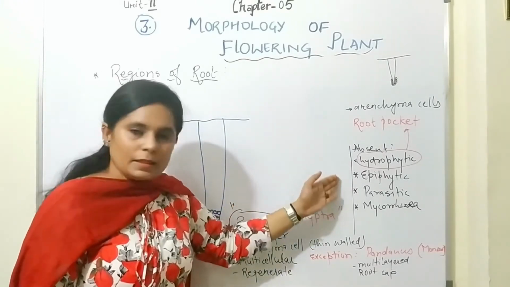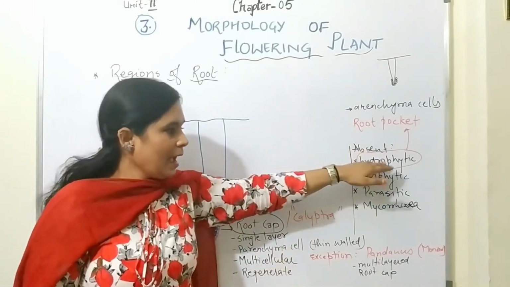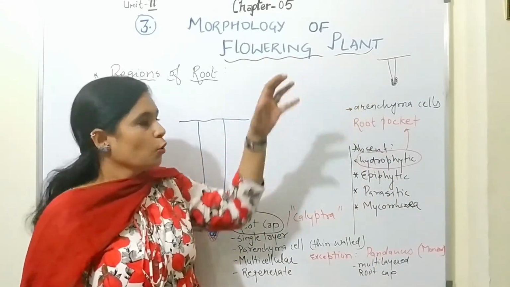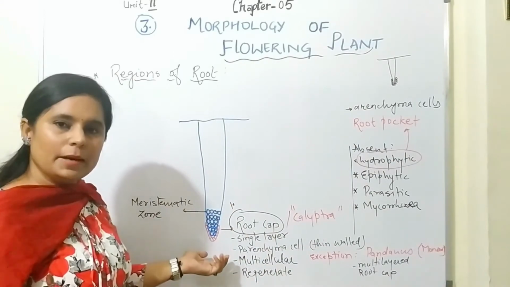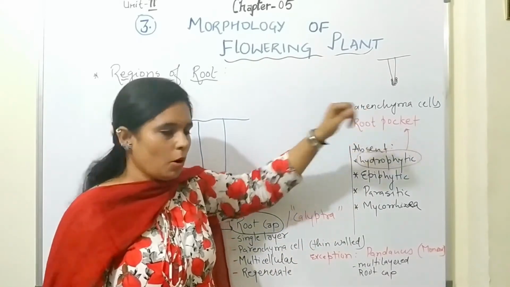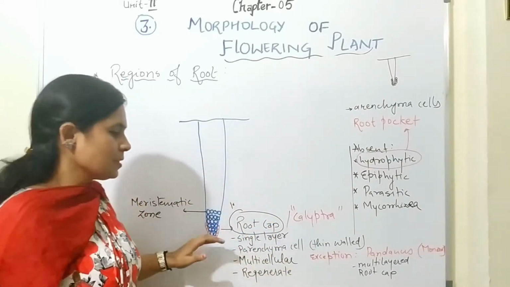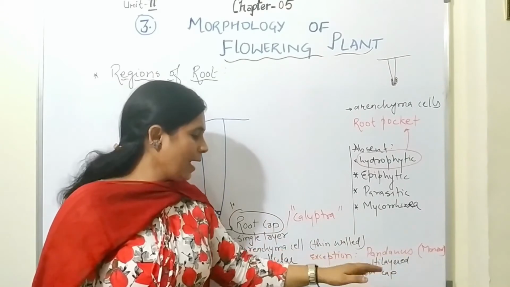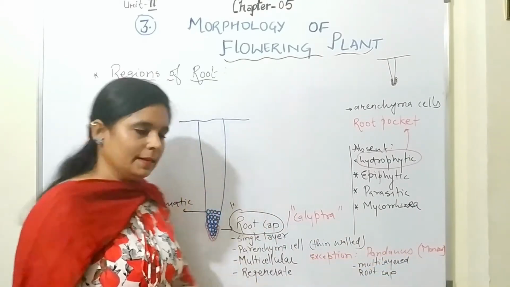They are absent in this category. In hydrophytic plants, parenchyma cells are grouped below the meristematic tissues, the zone of meristem, which is called root pocket, and as it is a single layer but exceptional, you can see in Pandanus plant where it is multi-layered.